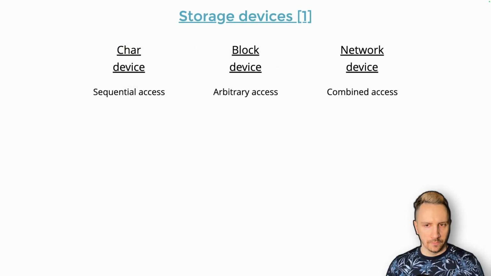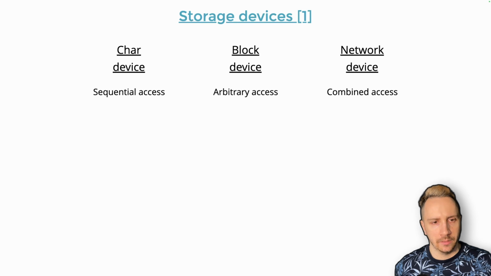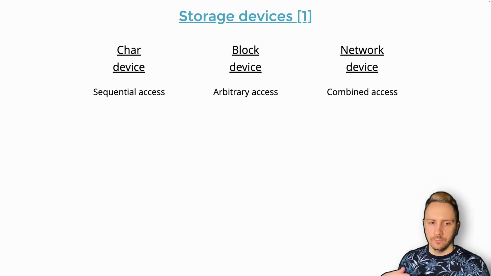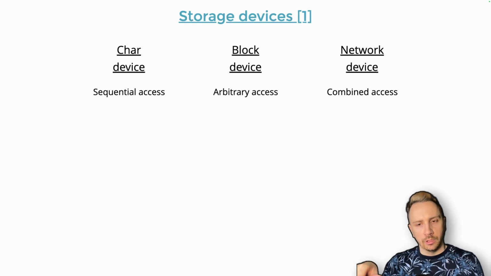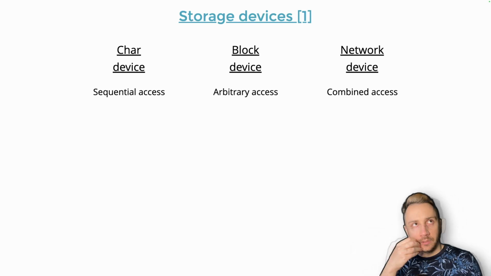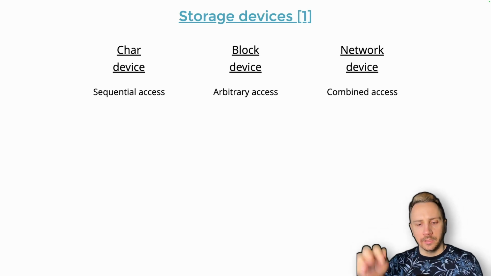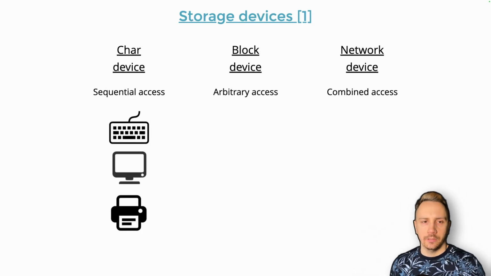There are three types of storage devices: char device, block device, and network device. Char device, probably the easiest way to think about it, is just a device having sequential access. So you can go, for instance, forward, but you cannot go backward. It's like a stream of data. Data can be anything. It can be as simple as literally chars.